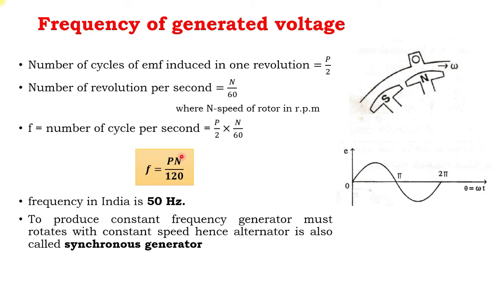Hence the AC generator or alternator is also called a synchronous generator, because it rotates with constant speed to get a frequency of 50 Hz in India. But in other countries, the frequency may be 60 Hz also.